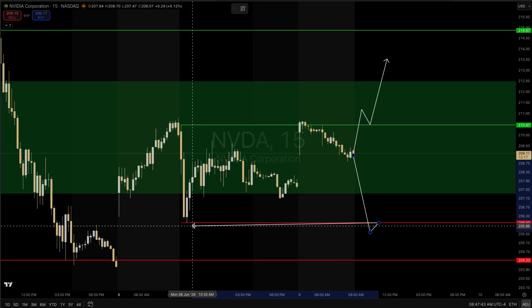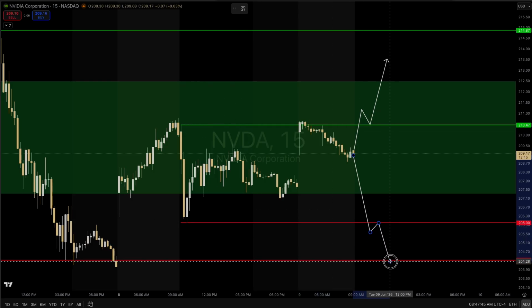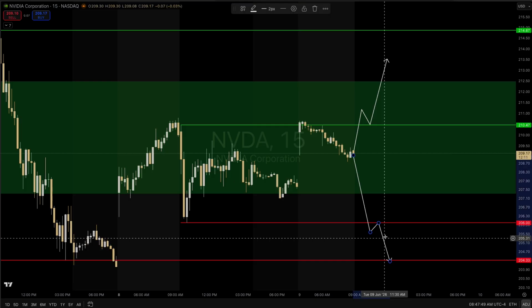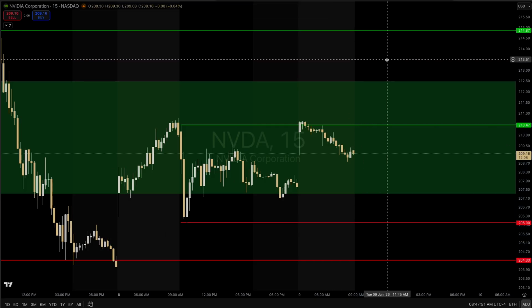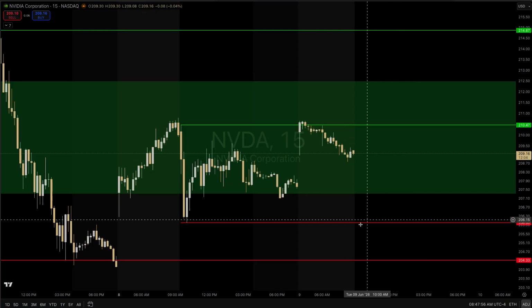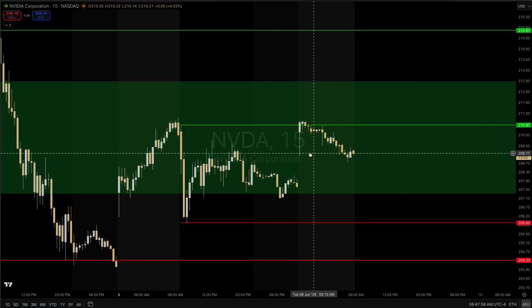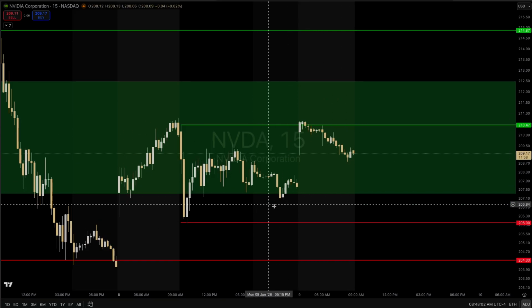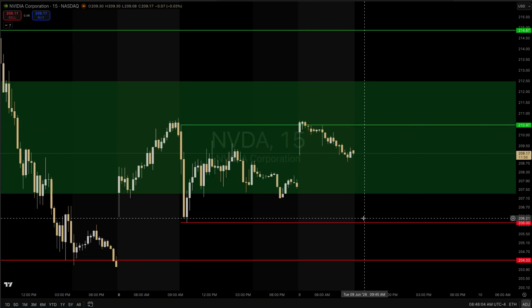If sellers can hold this level, I'm looking for the downward continuation. Now these are the two scenarios. I don't like it if the price opens in between this previous day high and low, so I will be waiting until the price shows me good reactions at these previous day high and previous day low levels.